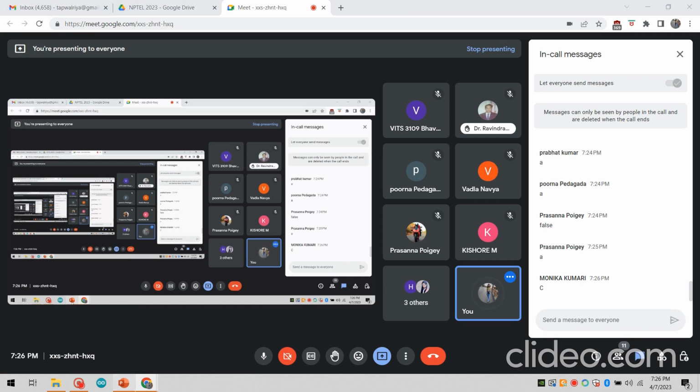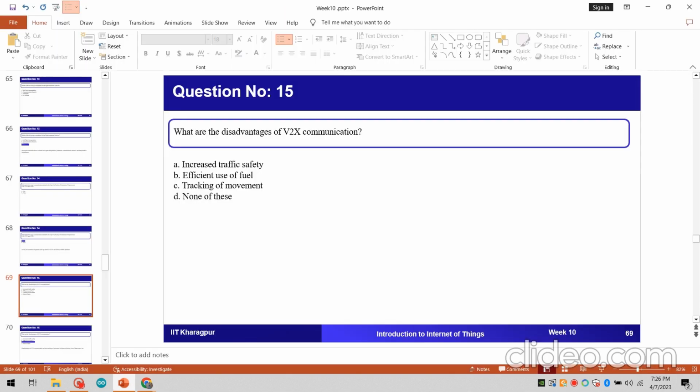Anyone else? What are the disadvantages of V2X communication? Options are increased traffic safety, efficient use of fuel, tracking of movement, none of these. D. None of these.